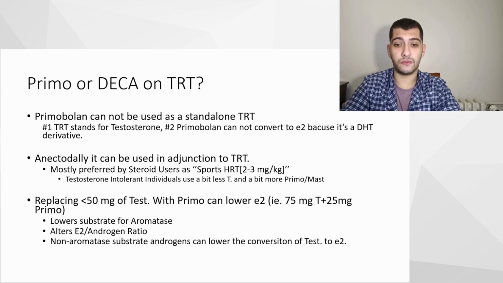For example, having 75 milligrams of testosterone and 25 milligrams of primobolan instead of 100 milligrams straight testosterone.